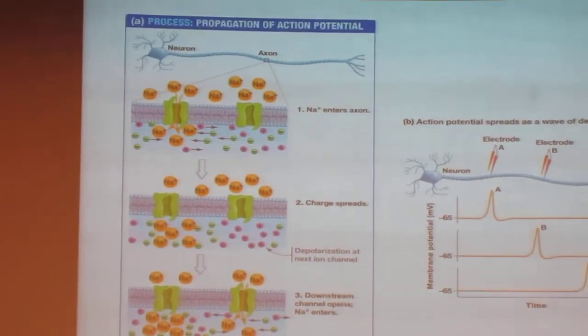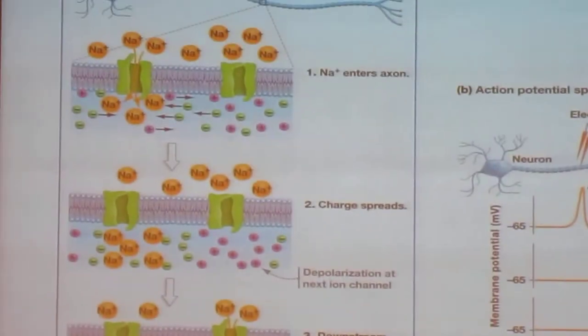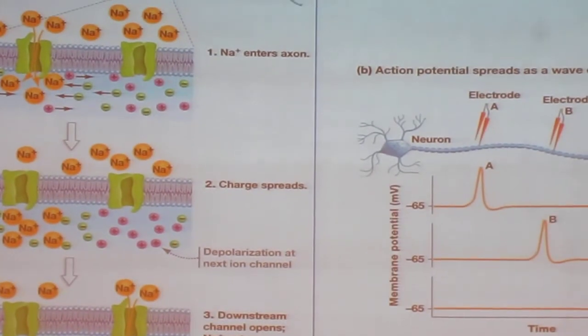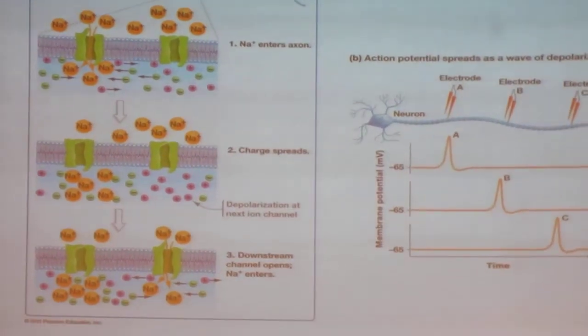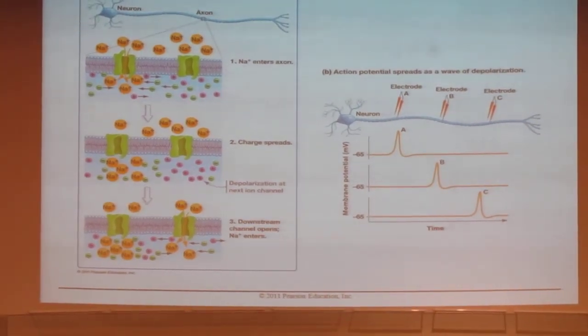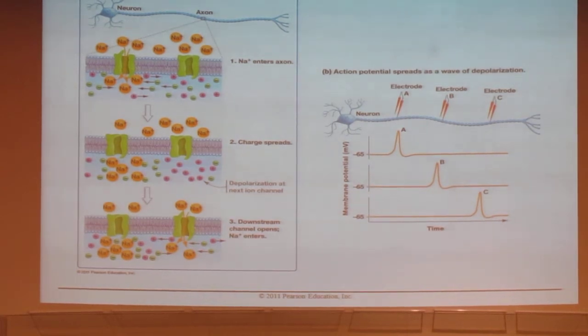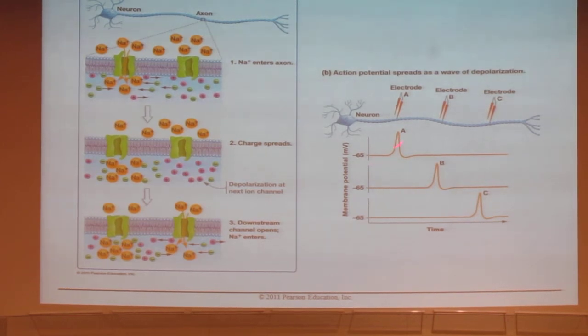Potassium is a player, but not as large a player as sodium. You can move potassium all you want, but if you don't move sodium, you do not generate an action potential. So we know sodium is the big positive ion, the cation, that actually generates what we see right here. Okay, that's the first thing we know.